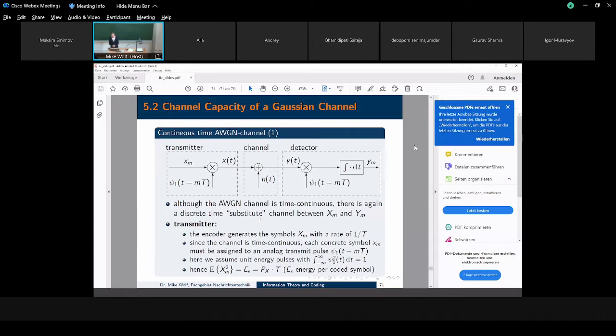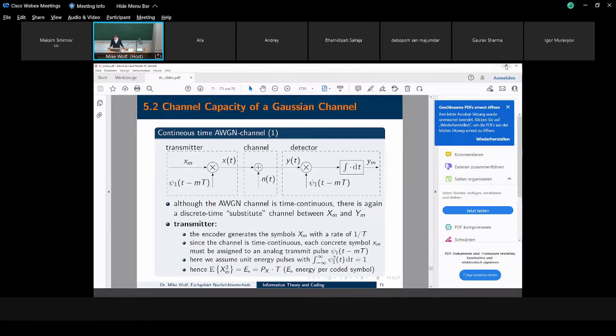We can only transmit certain waveforms to represent our data, and this is what we need to do today. How can we map this channel into this discrete time Gaussian channel? See what happens. Okay, let's do this.